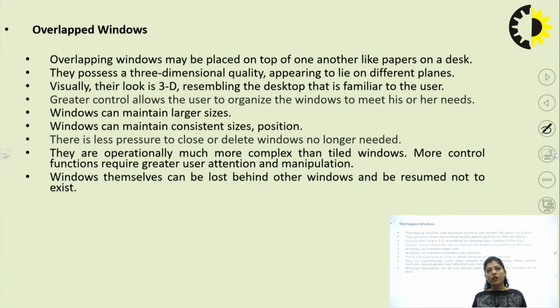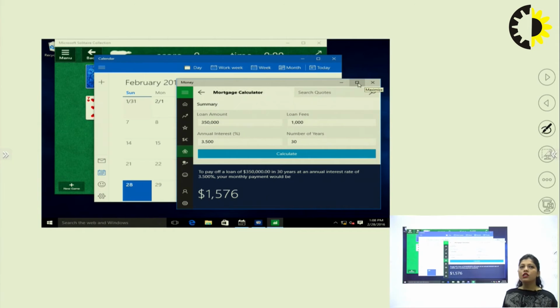Sometimes the user can lose a window, and if the window is lost, the information is lost. Some windows are completely hidden, so the user cannot resume that window.